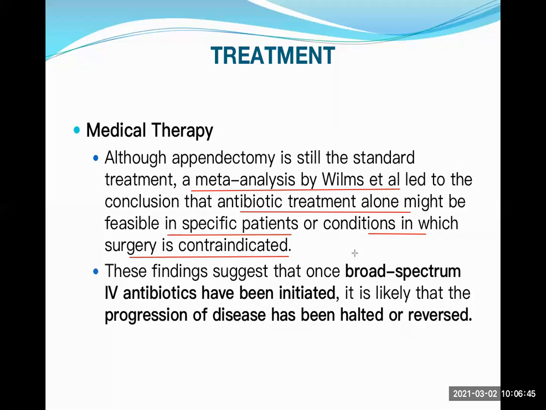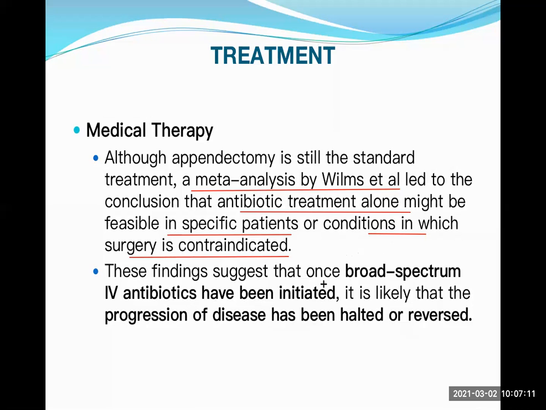But if it is late, okay, only medical therapy may not help the patient. Sometimes the patient refuses the surgery. What should we do? Sometimes surgery is contraindicated. The patient may be having hypertension, uncontrolled hypertension. The patient may be having bronchial asthma or COPD. The patient is very old, or the patient may be having uncontrolled diabetes.